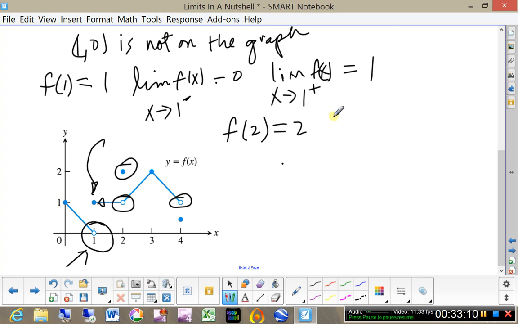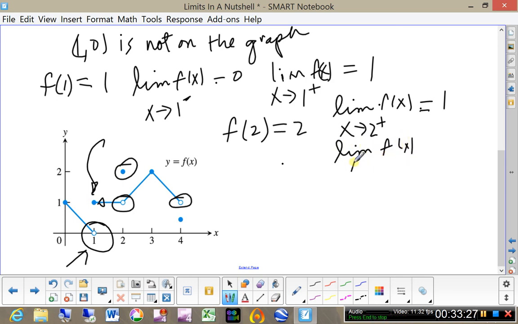The limit of f of x as x approaches 2 from the right is equal to 1, and the limit of f of x as x approaches 2 from the left is also equal to 1. So here we can say that the limit of f of x as x approaches 2 from the right or left is equal to 1, so that limit does exist.